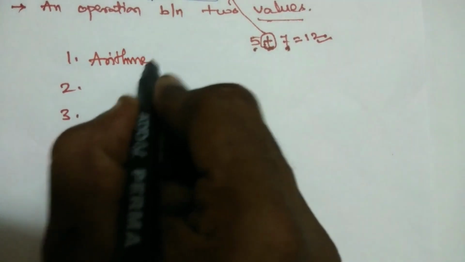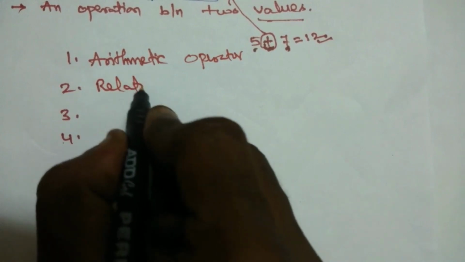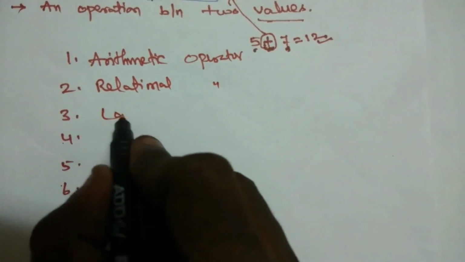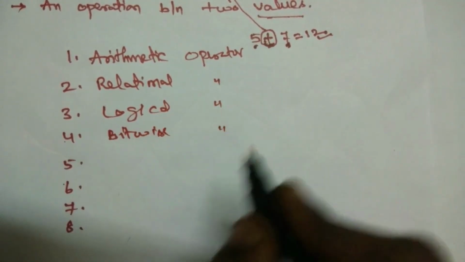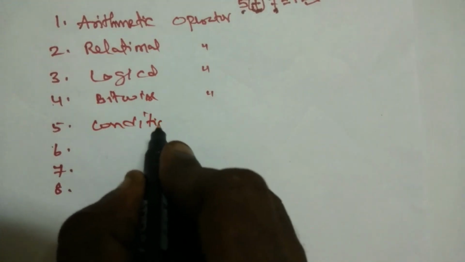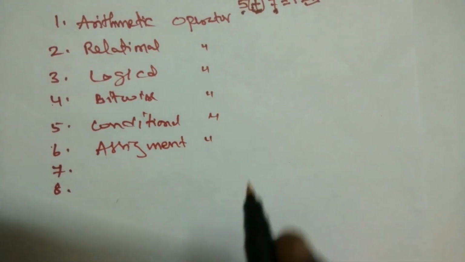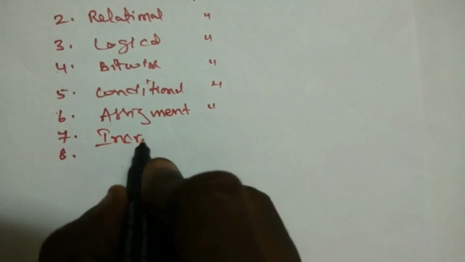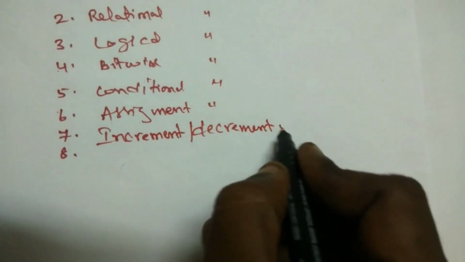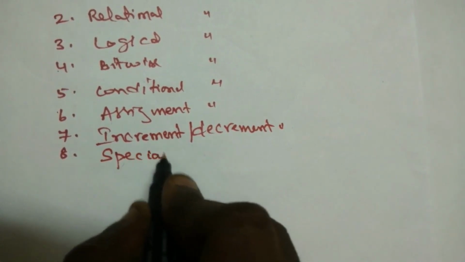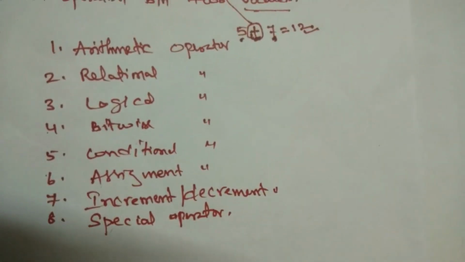Arithmetic operators, relational operators, logical operators, bitwise operators, conditional operators, assignment operators, increment or decrement operators, and the last one is special operators. These are the different operators we have in C language.